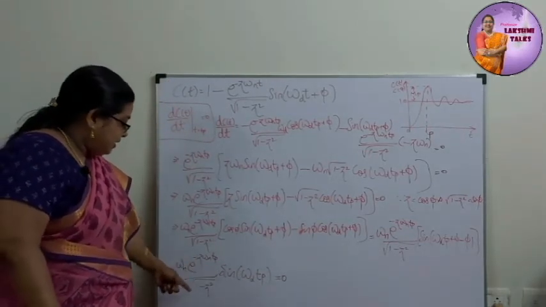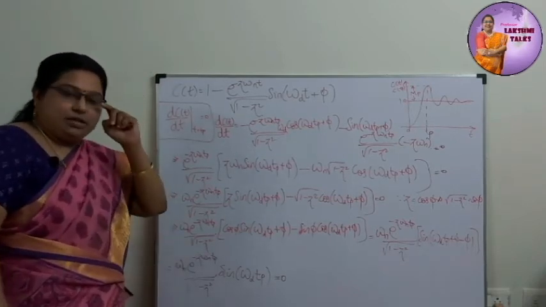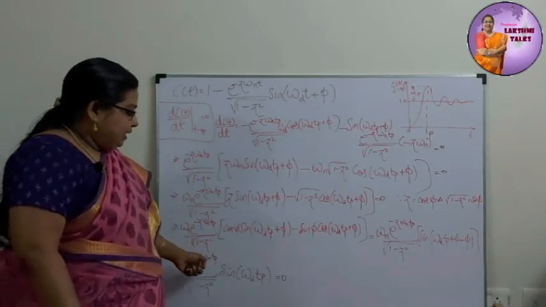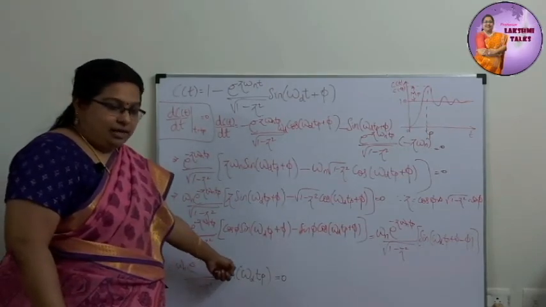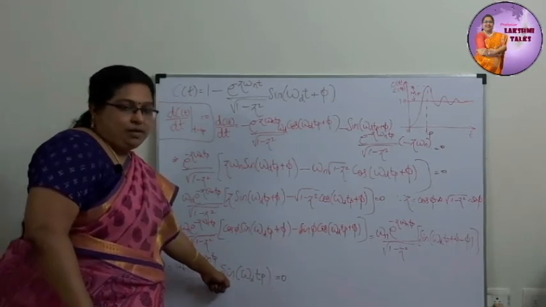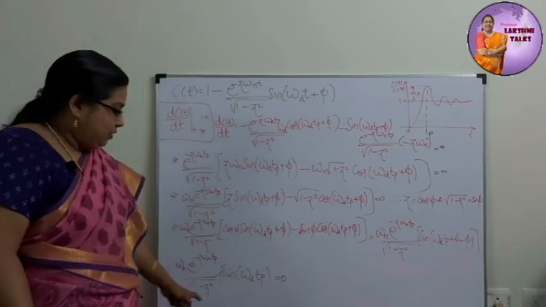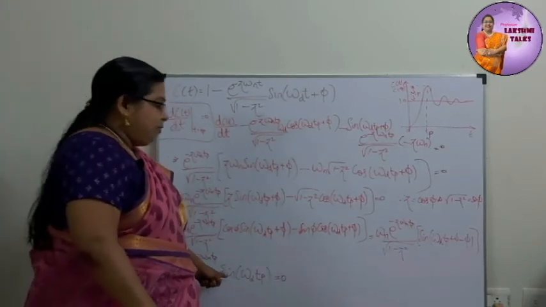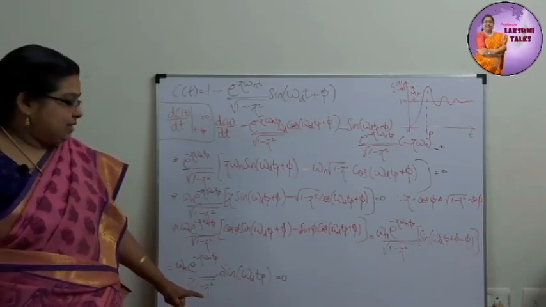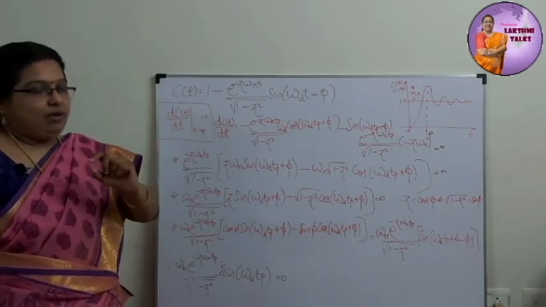So from this we can see there are two terms, one is the exponential term and the other is the sinusoidal term. Just like what we saw in rise time, either the exponential part should be equal to 0 or the sinusoidal part. We know that the exponential cannot be equal to 0, so the sinusoidal part will be equal to 0. So when will sin be equal to 0? For 0, pi, 2 pi, etc., right? So we'll take the standard one, which is pi.